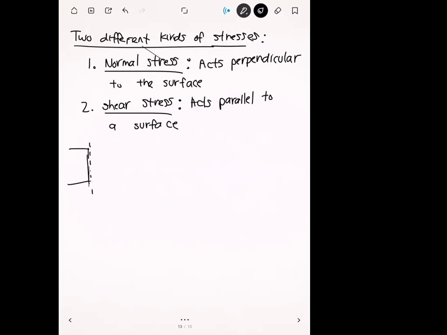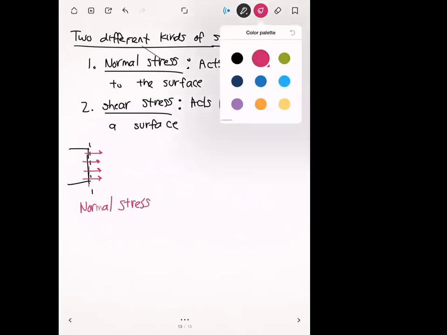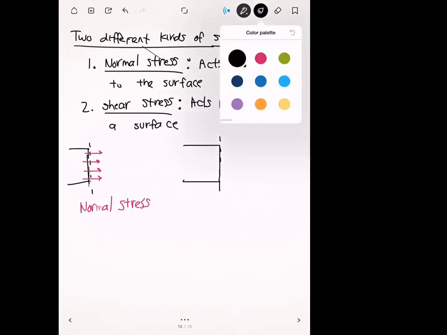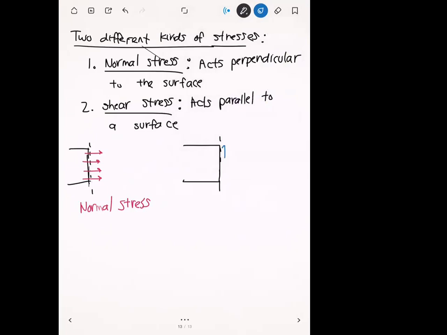A normal stress will act perpendicularly to this, so we're going to have normal stress that acts this way, whereas a shear stress is just going to act parallel to this.